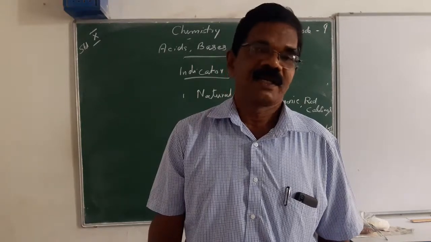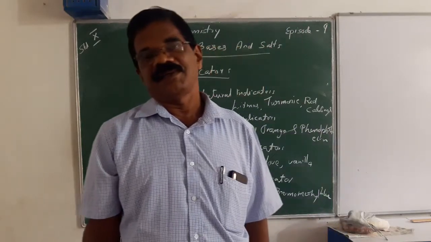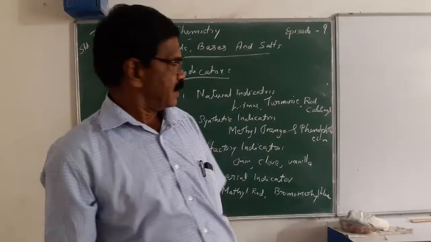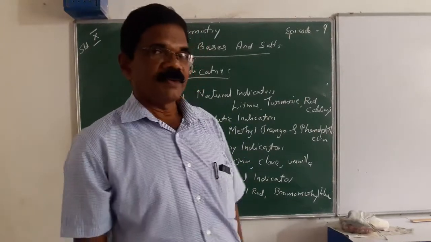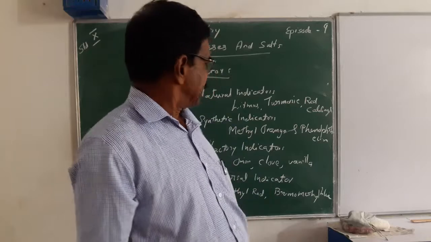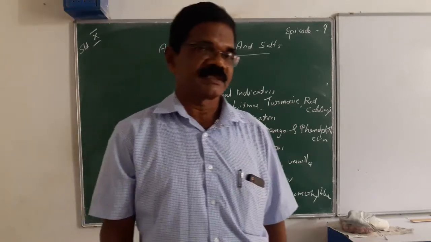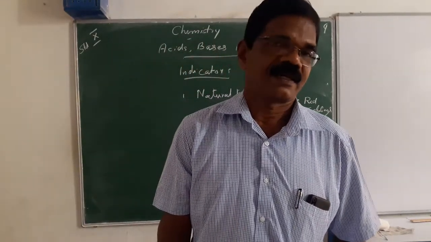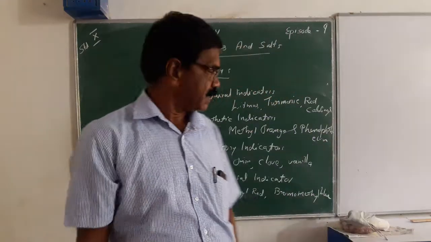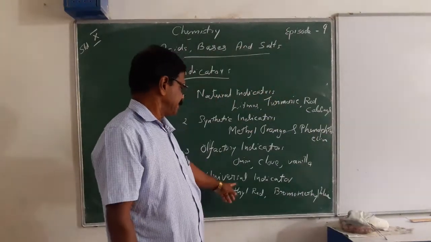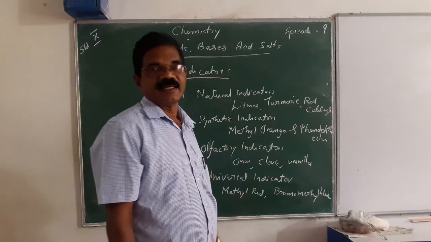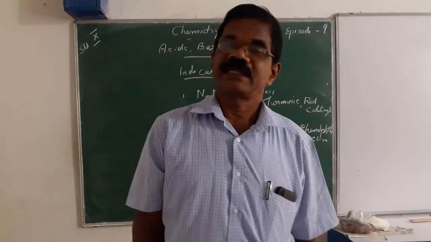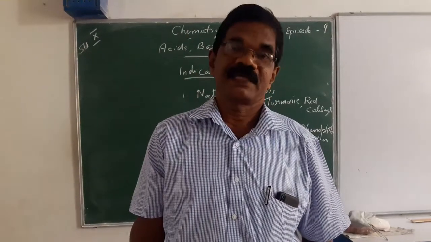For example, the onion we use in the kitchen, the same onion. Vanilla, we know the smell of vanilla, and they show different smells, different odors in acids and bases. The other type is the universal indicator. Universal indicator is a pH indicator.